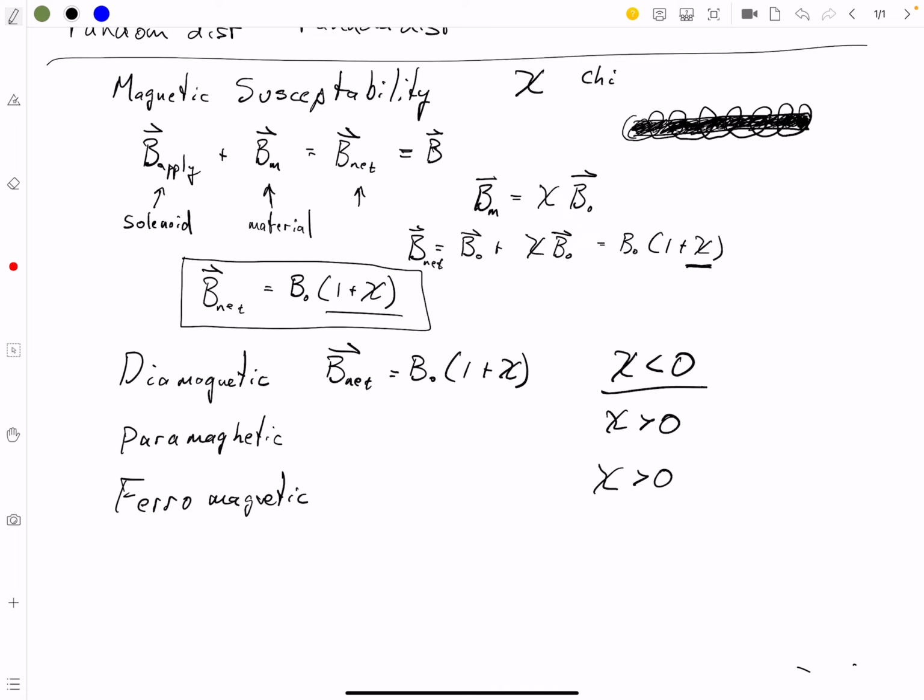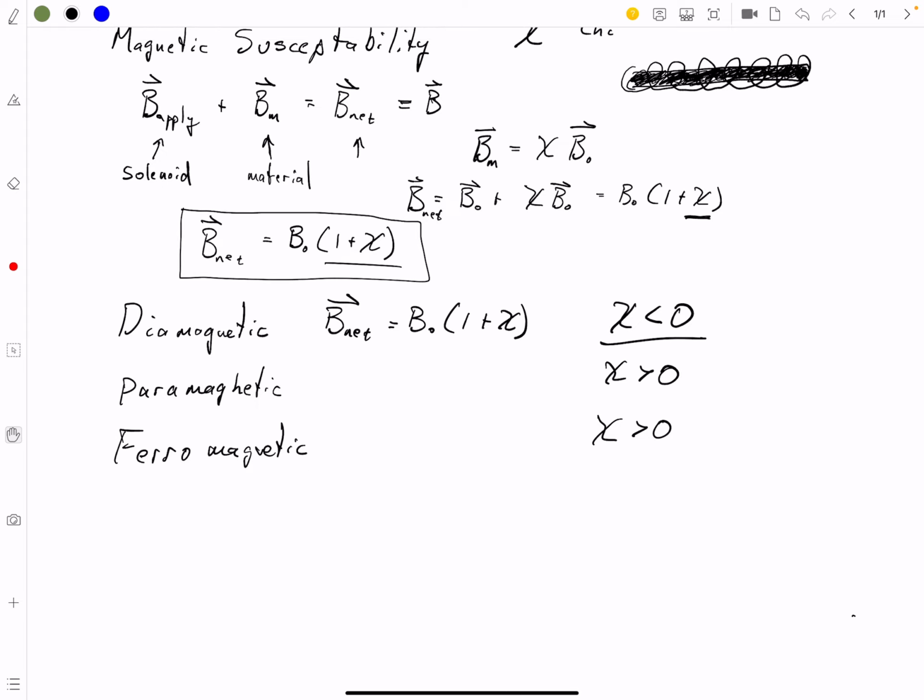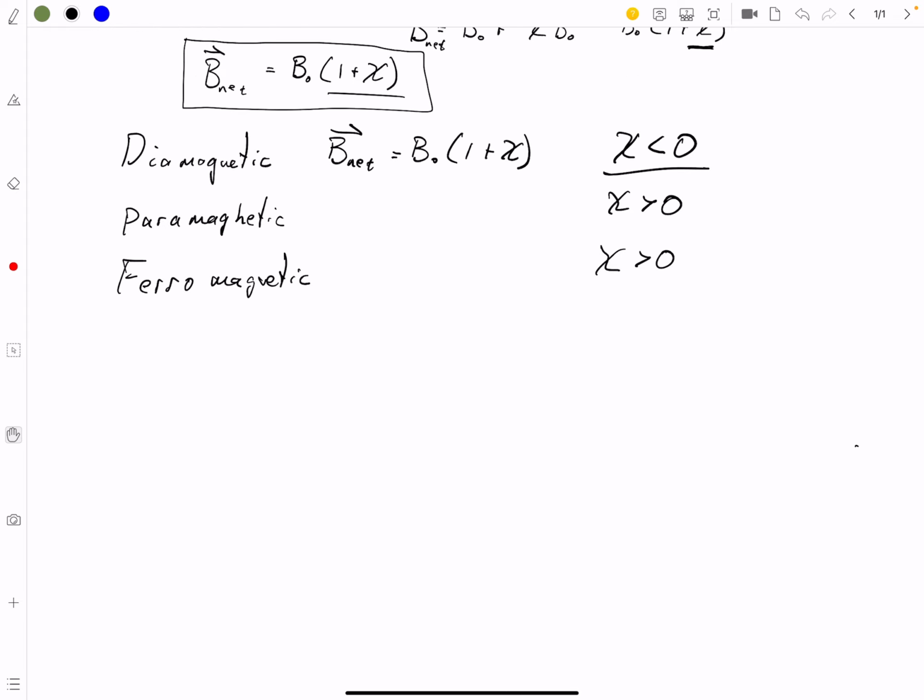Okay. So we talked about the domains and the domain holding, the fact that in a ferromagnetic all the domains will align up with the external B field, and they'll stay that way. They permanently stay that way, and that's what you call a permanent magnet.